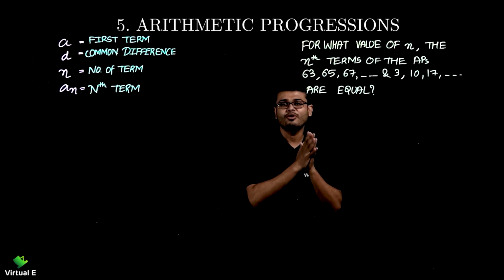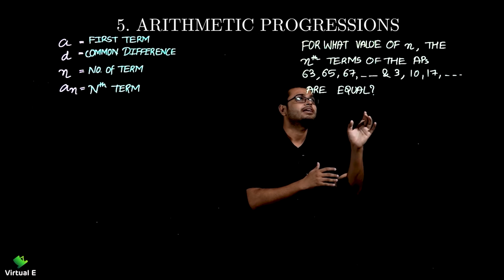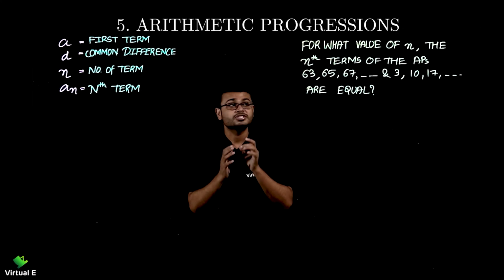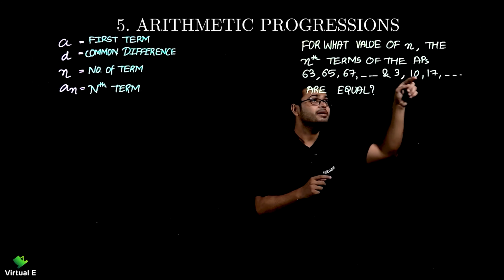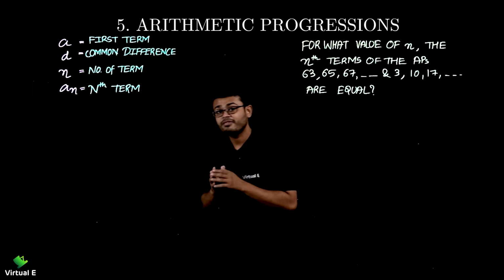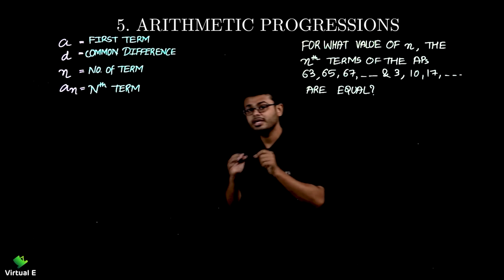Now what we want to find, apart from that, is for what value of n the term from this AP and this AP will be equal. We want to find which term from this AP and this AP will be equal.